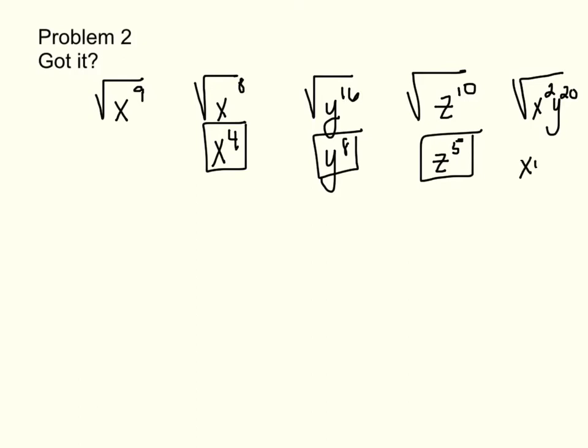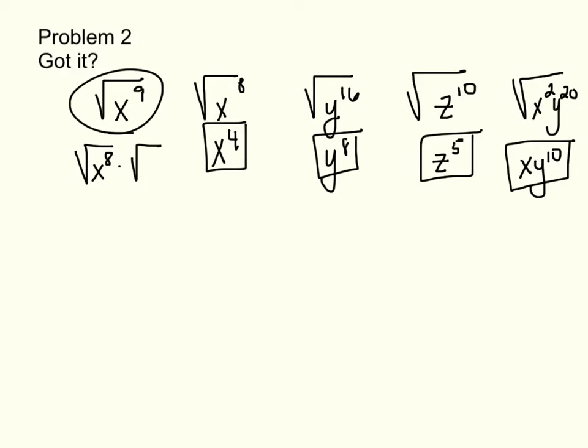You get x y to the 10th. The problem becomes when you have an odd exponent. And here's what you do. All you do is subtract 1. So you would get the square root of x to the 8th times the square root of x. Square root of x to the 8th is x to the 4th. And the square root of x you cannot do, so you get that.